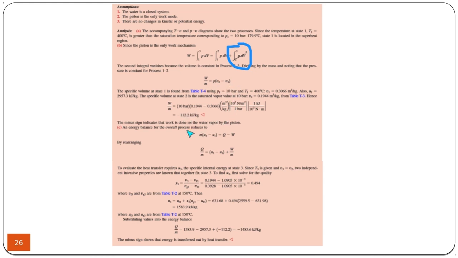So you can see that the work here per unit kilogram is negative because the system is compressed, or in other words, the surrounding does work on the system. That's why you have a minus sign. You can write then the energy equation, exactly this equation.